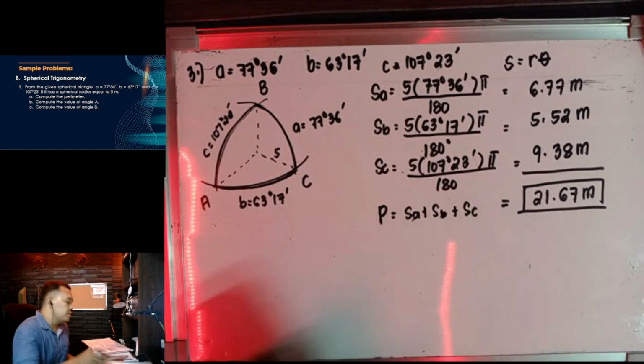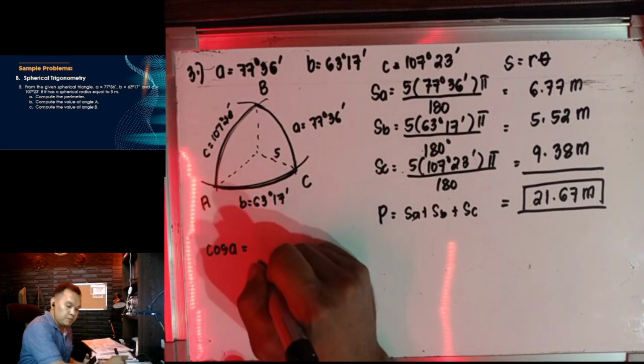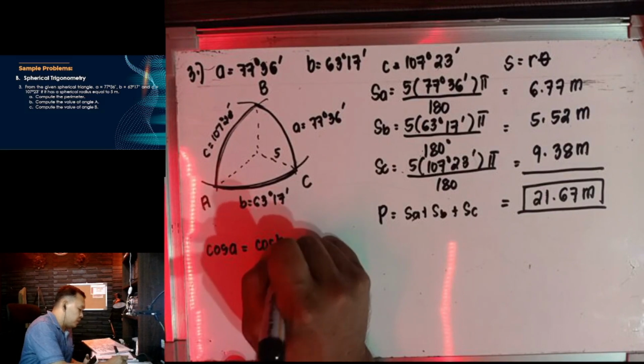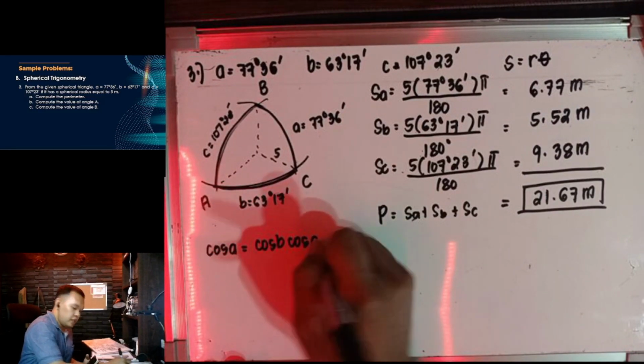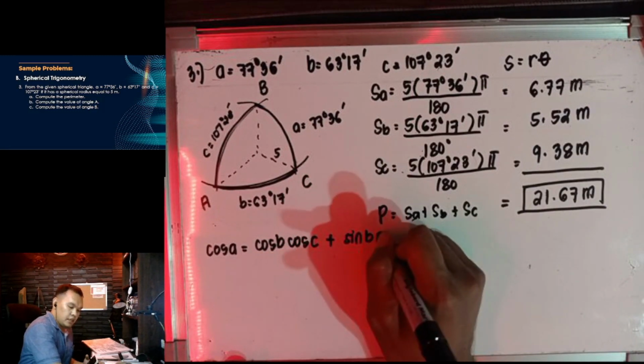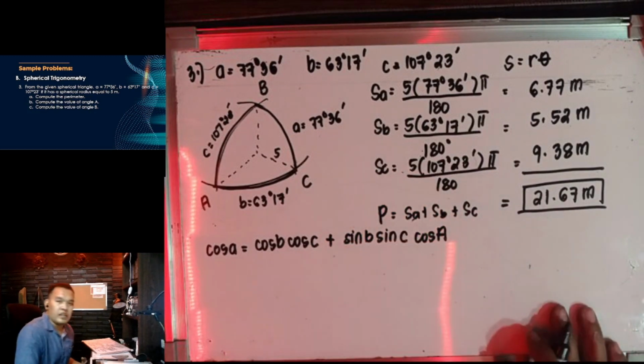So, we have here cosine small a is equivalent to cosine b, cos b, cos c, plus sine b, sine c, cosine a.